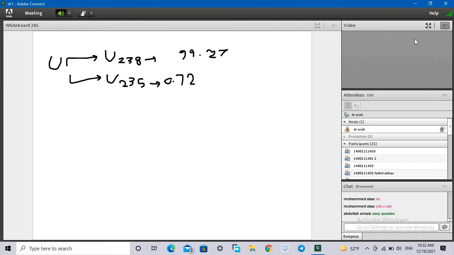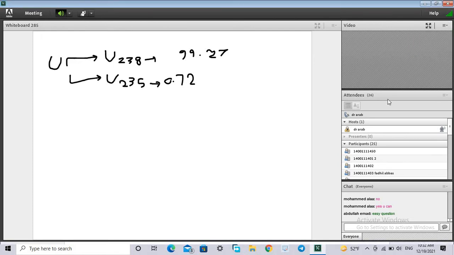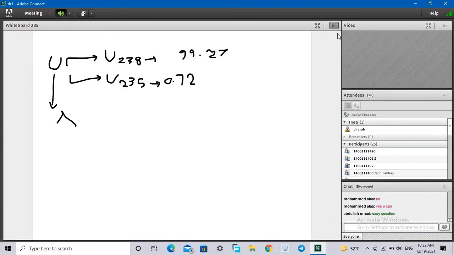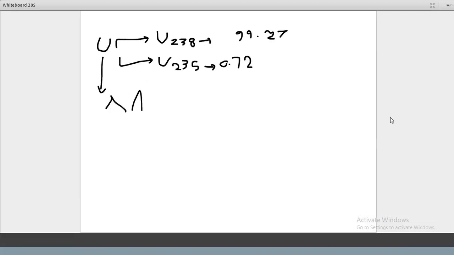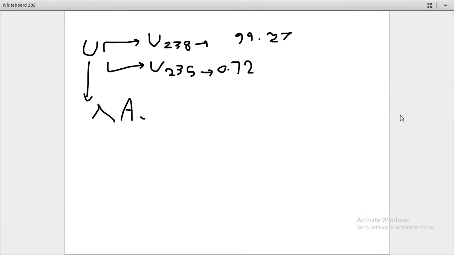And for calculating the activity of uranium as a total activity, I can say that total activity equals A1 plus A2.